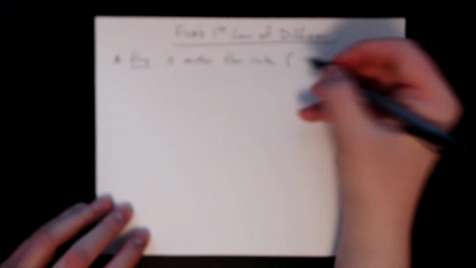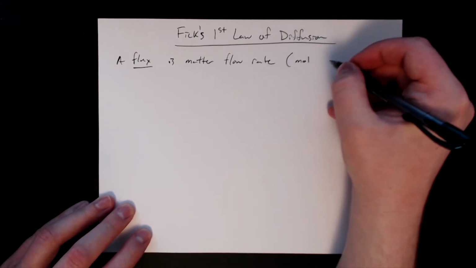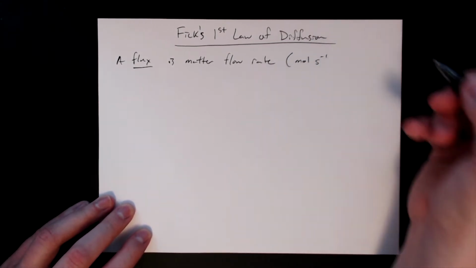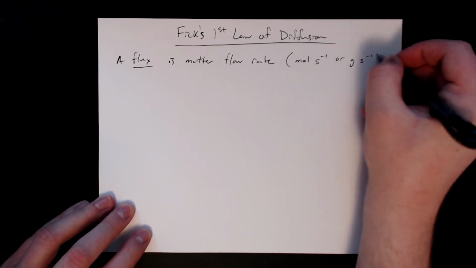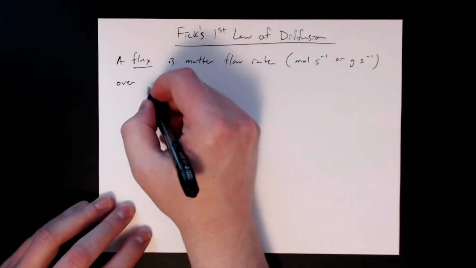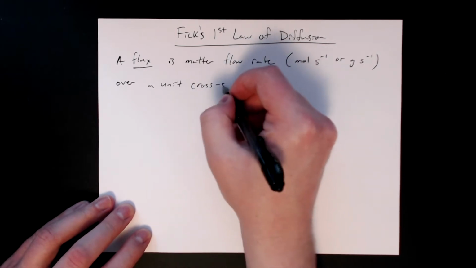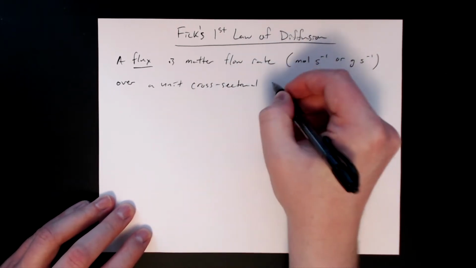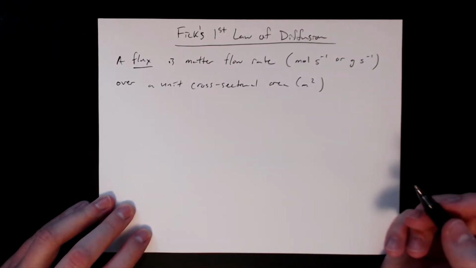So that's going to be units of matter, so either moles or mass, right? Or it could be grams per second. And then that's over a unit cross-sectional area. And so that could be meters squared or other area units.